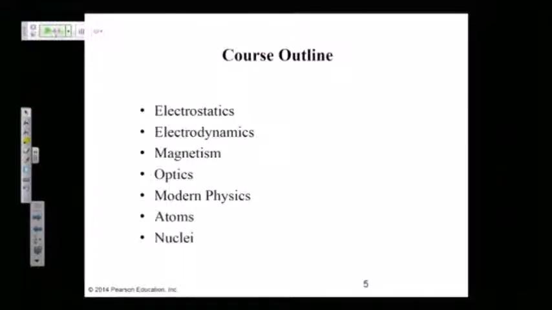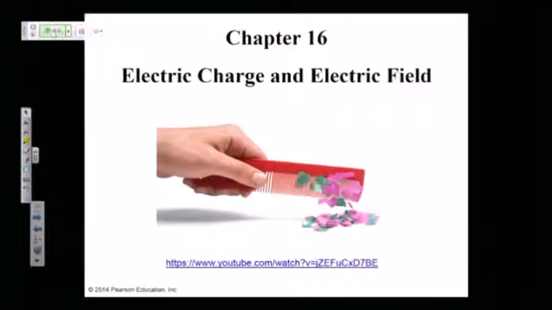This is basically what's ahead for you in this course. By completing this course successfully, you should have enough background in physics to allow you to pass exams like the MCAT or whatever general physics exam you may be interested in.